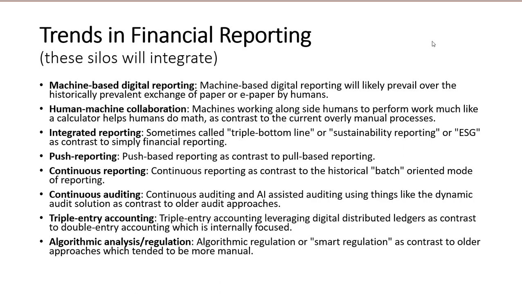So the first is more automation and machine-based reports. Both general purpose and special purpose financial reports are going to exist in both machine readable form and the same historical paper or e-paper reports that are only readable by humans.